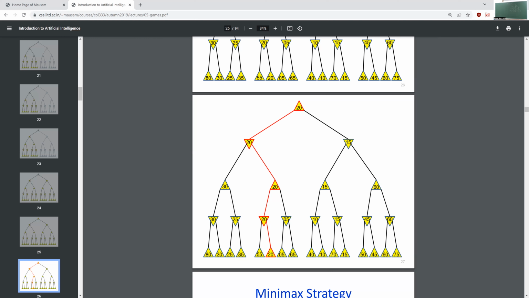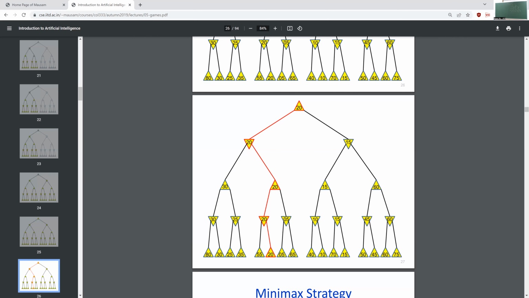Okay, now at this second layer, which is a max layer, you again have two options. Out of the two options, the left action is leading you to a larger utility function, which is equal to 20, the minimax value. So you would better take the left action. And now at the min node marked 20, you have two choices, 55 and 25.